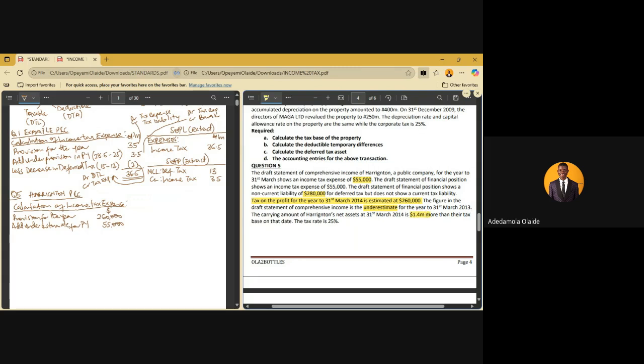And when carrying amount is more than tax base, it will result in a deferred tax liability. Because what it means is that what we are having in the current year as depreciation is less than what we have as capital allowance, meaning we'll be paying lesser tax now, and we'll be paying higher tax in the future when we no longer have capital allowance but are still charging depreciation.